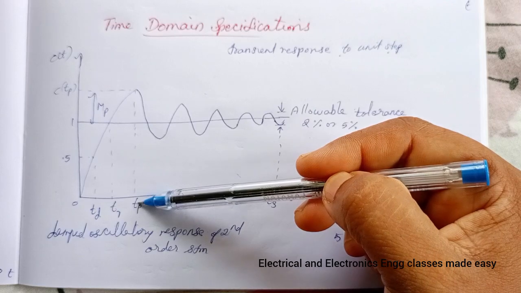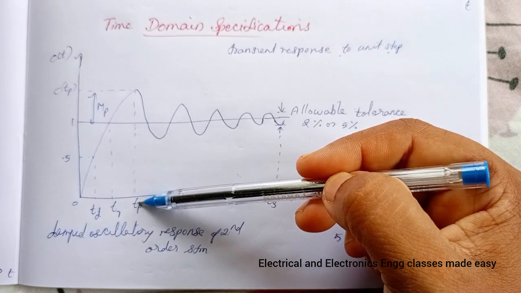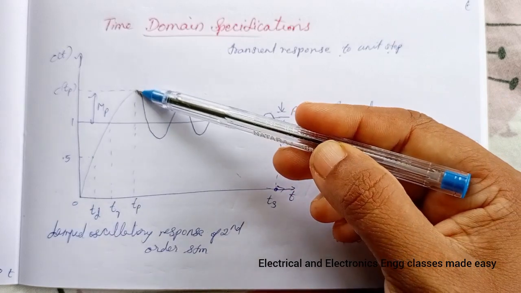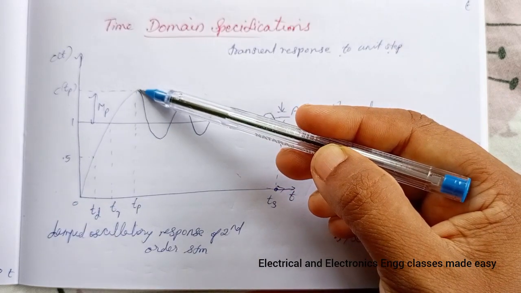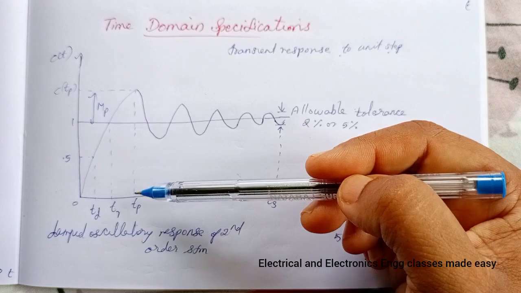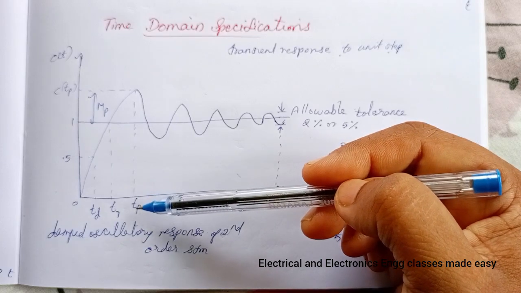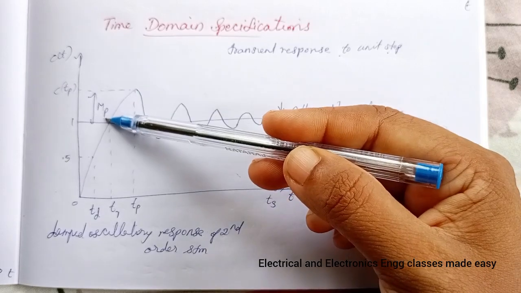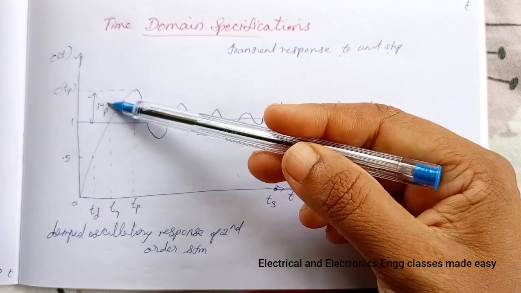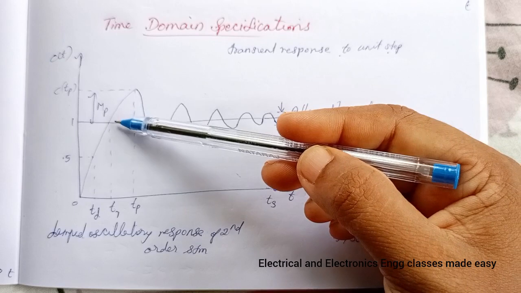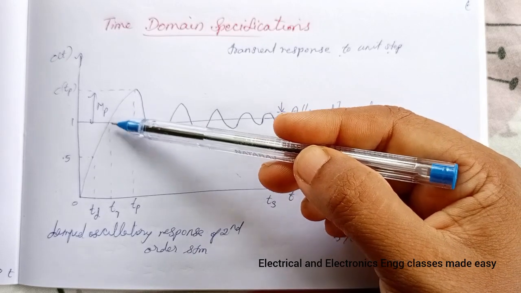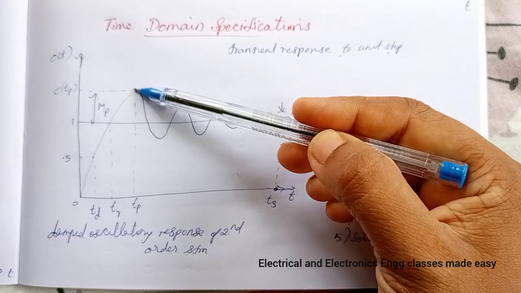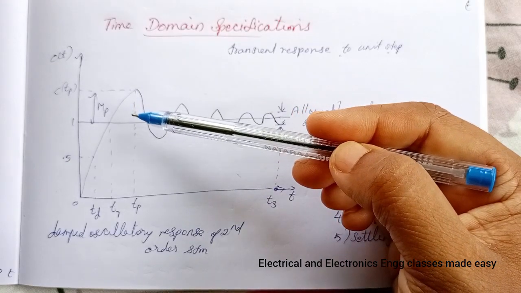Then TP, peak time. It is the time taken for the response to reach the peak value for the very first time, or the time taken for the response to reach the peak overshoot MP. What is peak overshoot MP? It is defined as the ratio of the maximum peak value measured from the final value to the final value.